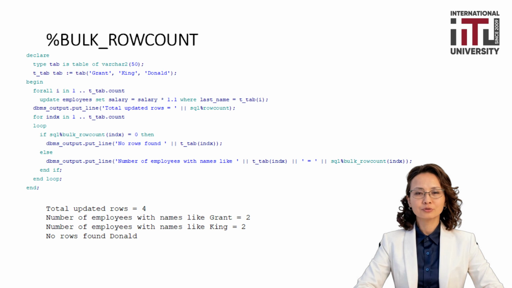Next, we loop through each name and check SQL%BULK_ROWCOUNT for that iteration. This allows us to see how many rows were affected for each specific name. In this case, Grant and King had matching rows, while Donald had none. This demonstrates how bulk operations and cursor attributes can efficiently handle multiple updates and provide detailed feedback.